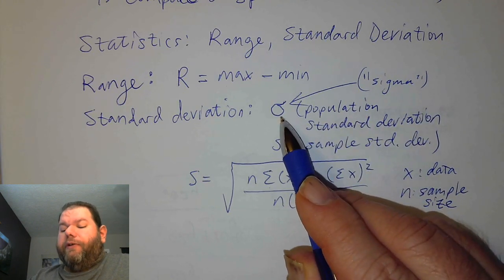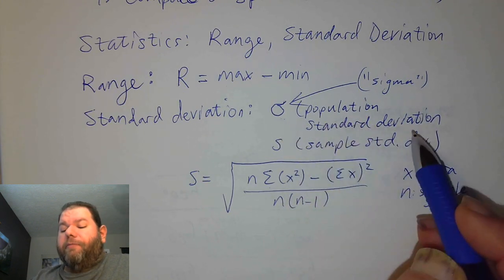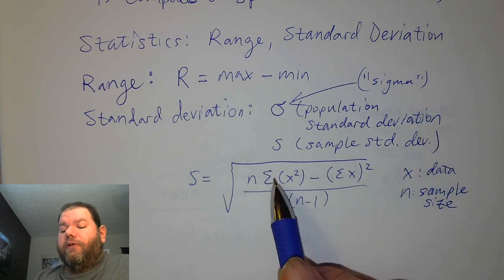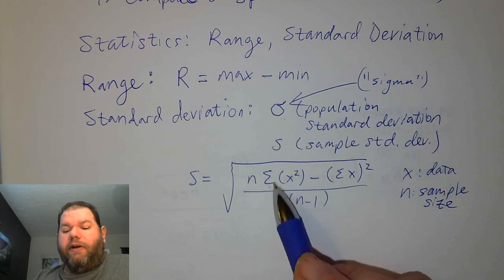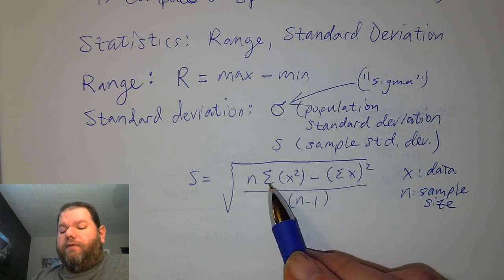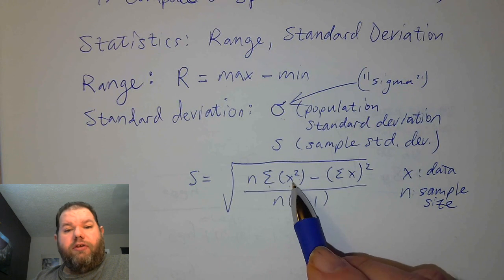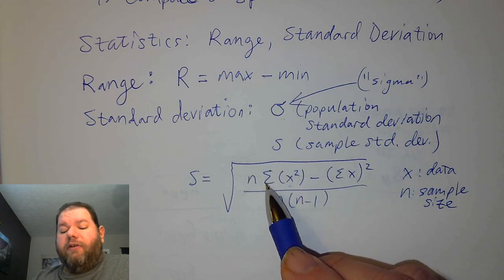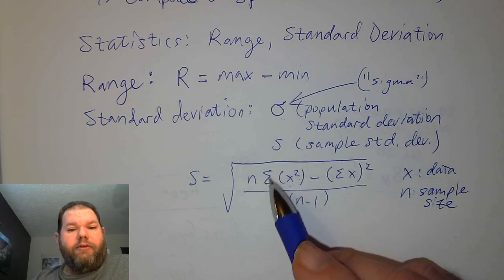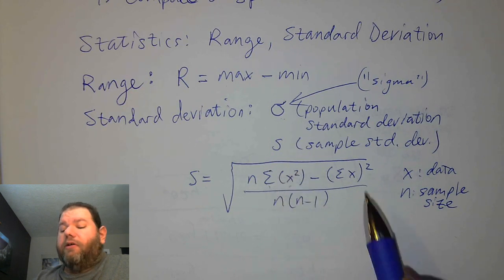So we use little sigma to represent the population standard deviation, and we use capital sigma to say we want to add all of these things together. So for sigma x squared, we would say, okay, let's square each of the data values, and then sigma means we add all those results together.